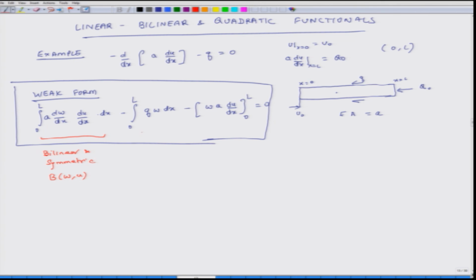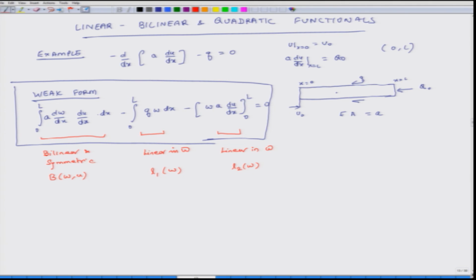The second term is dependent only on W. Q is known, Q is the data of the problem, right, and it is linear in W. So, I call it L1 of W, and in the case of the third term, this is also linear in W. So, I call it L2 of W. Okay.